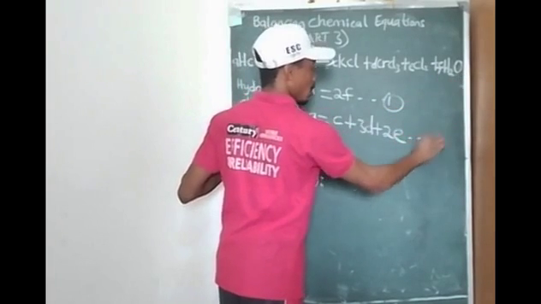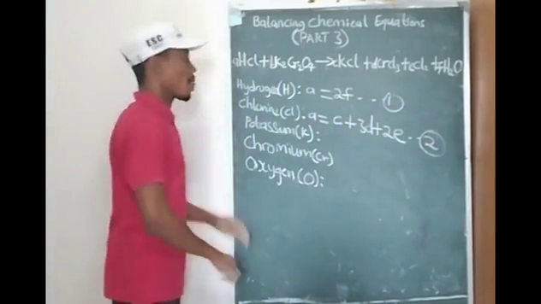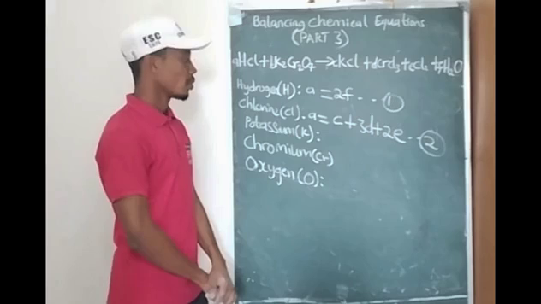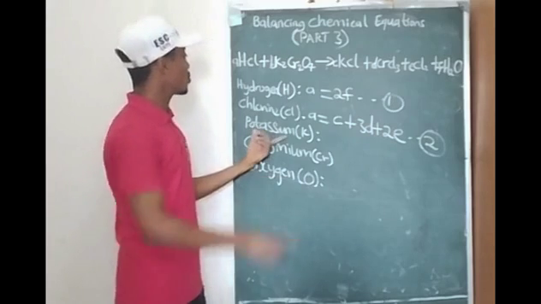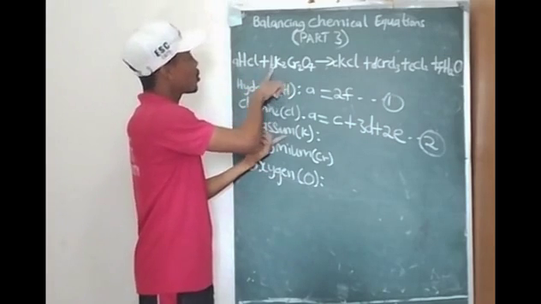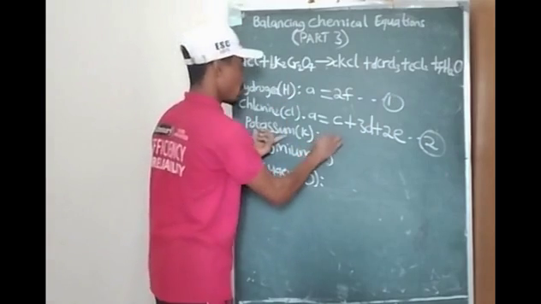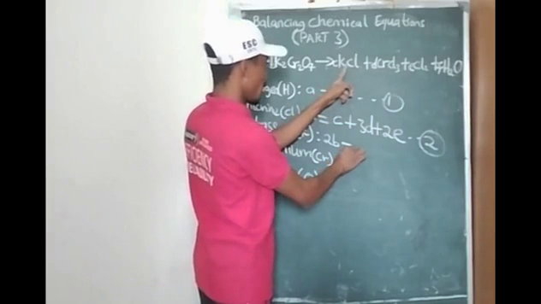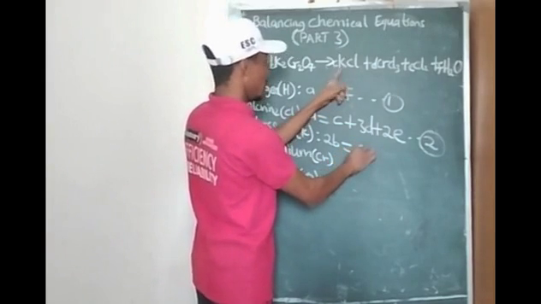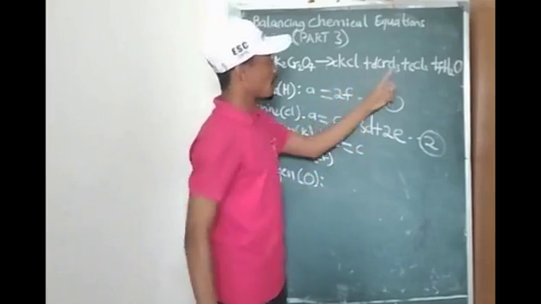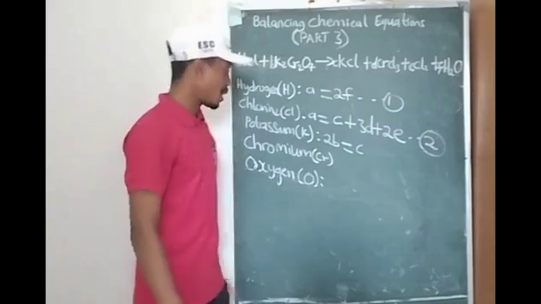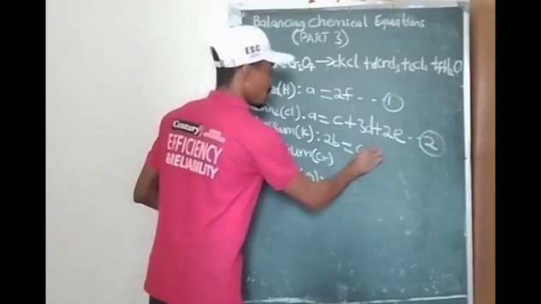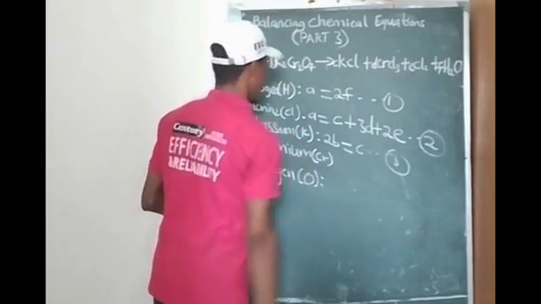Any other chlorine? No. This is equation 2. Potassium: I can see potassium there, 2B equals 1 atom of potassium, that's 1 times C. Any other potassium atom? No. So this is equation 3.